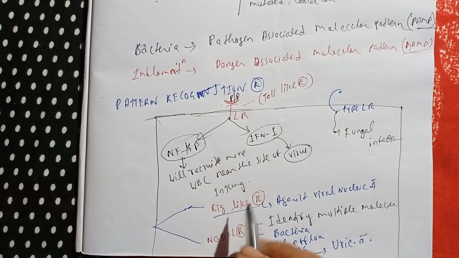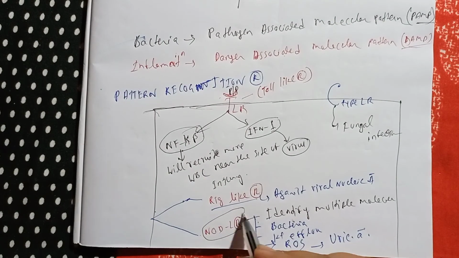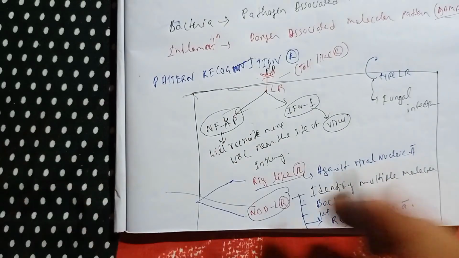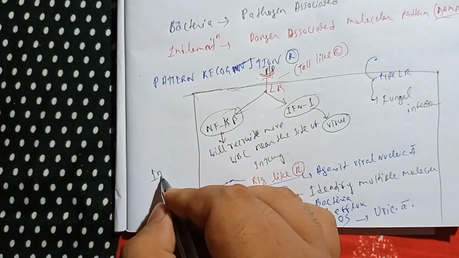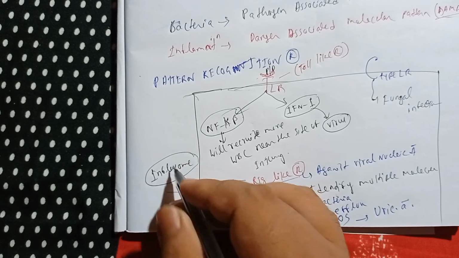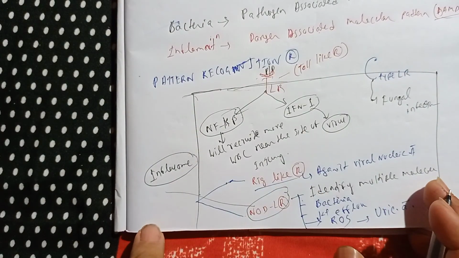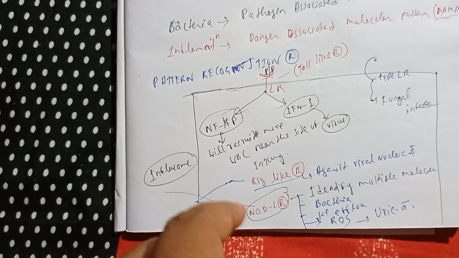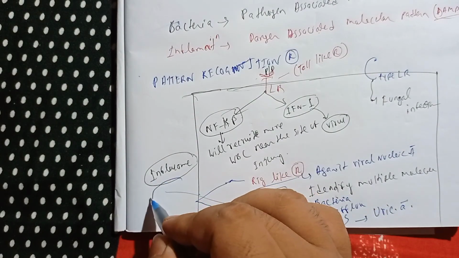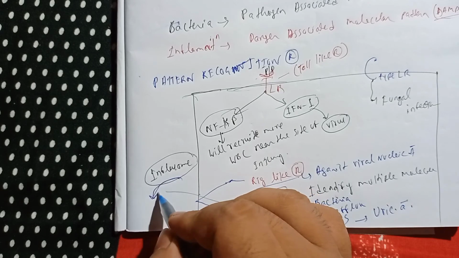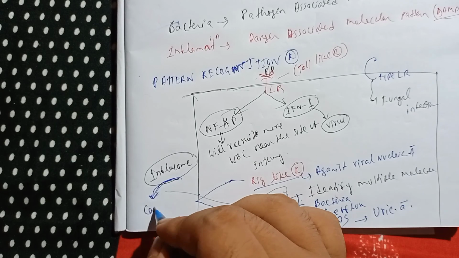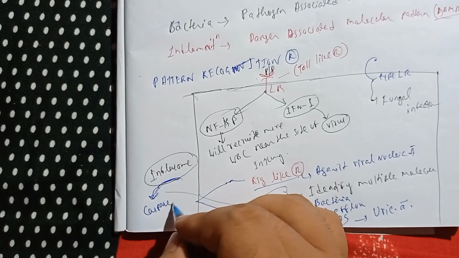I said that the NOD-like receptors are related with the inflammasomes. Of course, we need to know it a little bit more. That's an exam-like question, the inflammasome. Now this inflammasome has the capacity to produce caspase-1, which we read about in necroptosis.